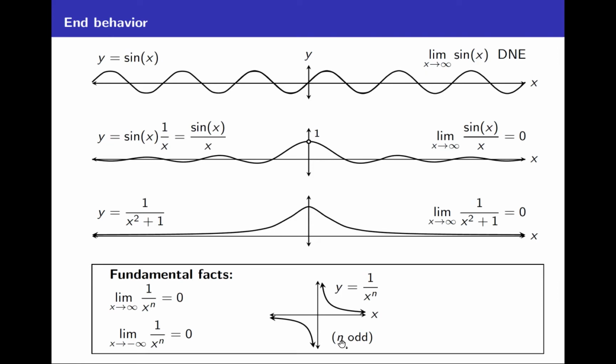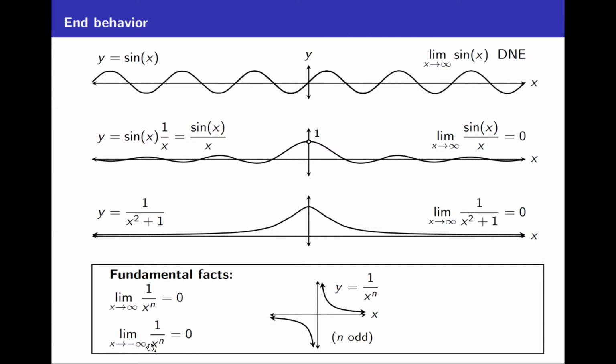And you can see this for n odd, the graph of y equals 1 over x to the n tends to look like this. As x goes to positive infinity, the function is positive but getting smaller and smaller and smaller. As x goes to minus infinity, the function is negative, but that negative number is getting closer and closer to 0.